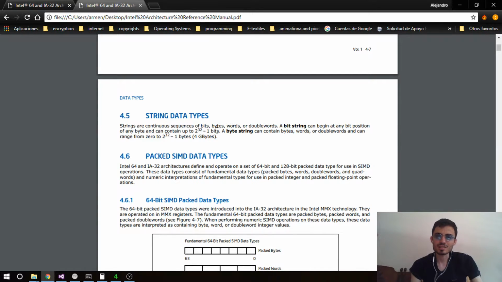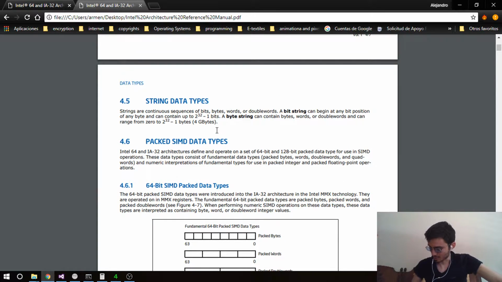The bit string can start at any bit within a byte, and a byte string can contain bytes, words, double words, whatever, and can range from 0 to 4 gigs. Okay, that's cool. So does that mean it's like an array, but like a dynamic array where you can have any kind of type you want?